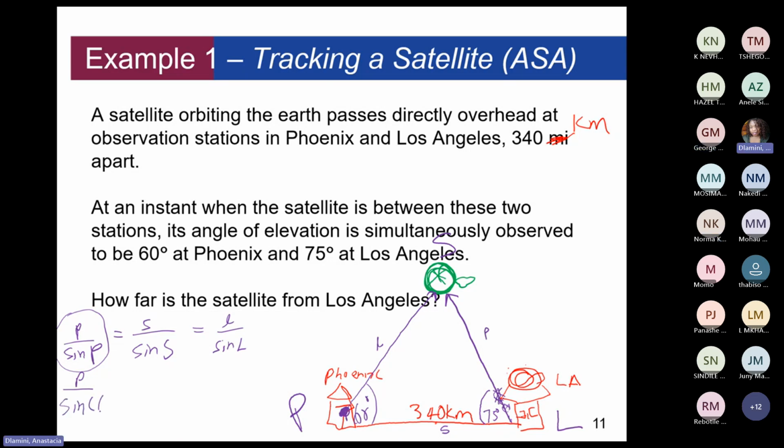Sine of P is 60 degrees, equals small s, which is 340, over sine of big S. Now we go to small l, and we say l over sine L, big L, 75 degrees.